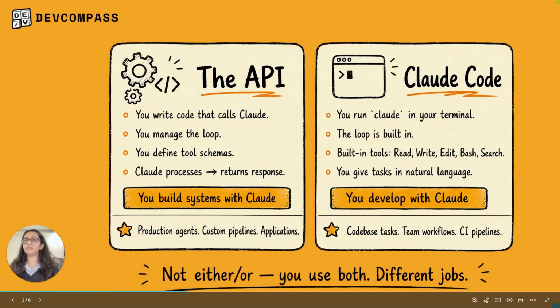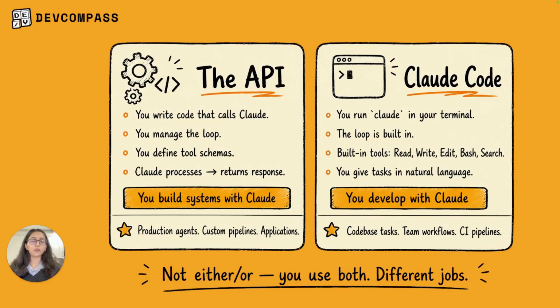Okay, let's get moving. So, the core distinction, we have talked about this a bit in the earlier videos, API versus Claude Code. For the API, you write code that calls Claude, you define the messages array, you manage the loop, you define tool schemas, Claude processes what you send and then returns a response. So you are the outer layer. Your code drives everything.